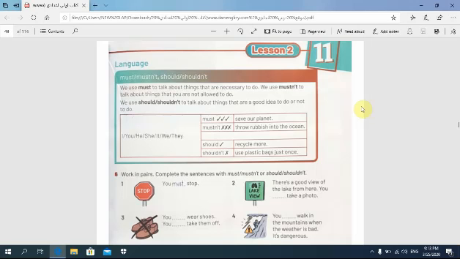So mustn't is talking about rules, kind of law. But talking about shouldn't, we use shouldn't to talk about things that are a good idea to do or not to do. So let's say we use it if you want to say something is good or something is bad, if you want to give someone a piece of advice.